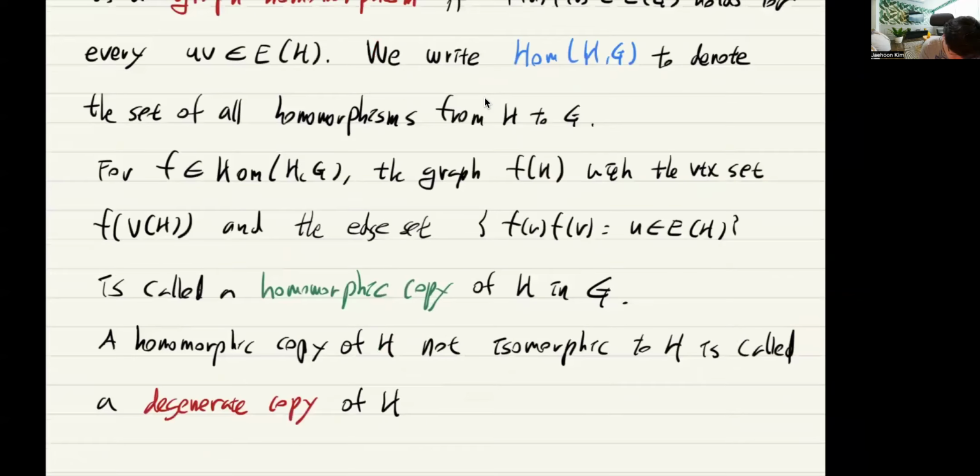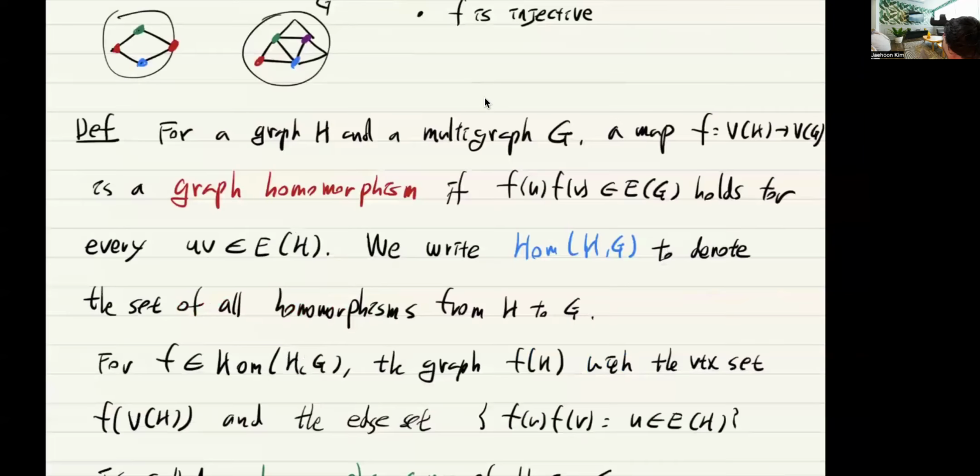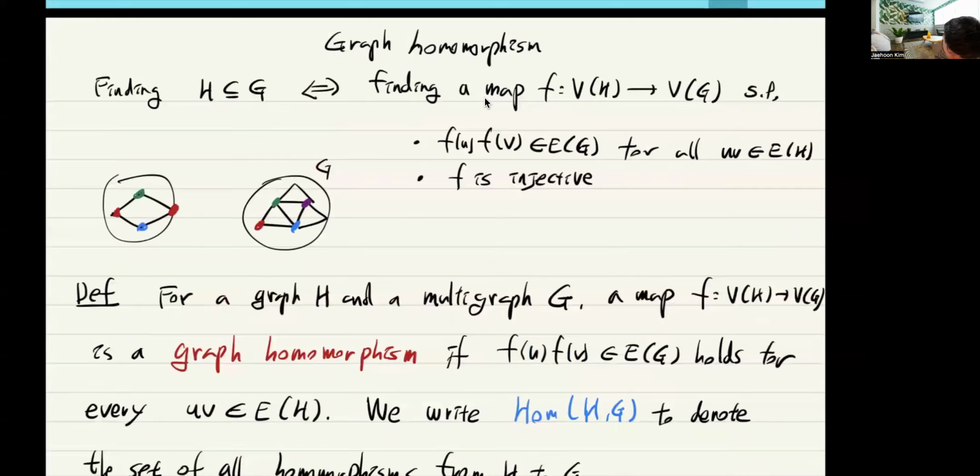So this graph homomorphism is useful in several ways. One of them is, as I mentioned, that this is a relaxation of the subgraph finding problem. Instead of finding H inside of G, we can consider its homomorphism.